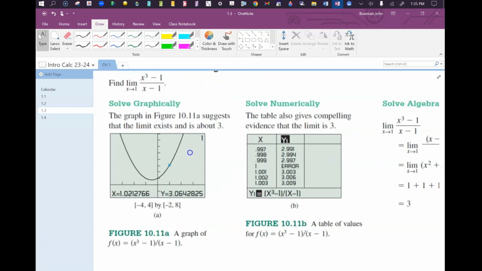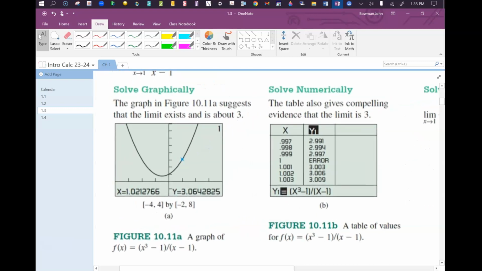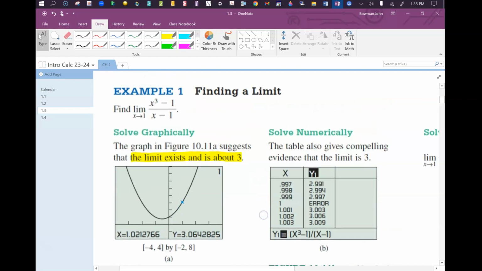An example of a graphical limit right here. If we were interested, we might want to know that the graph tells us that the limit exists as x approaches 1. And how do we know that?